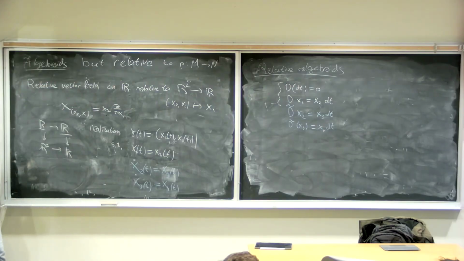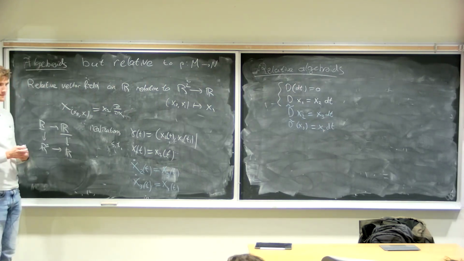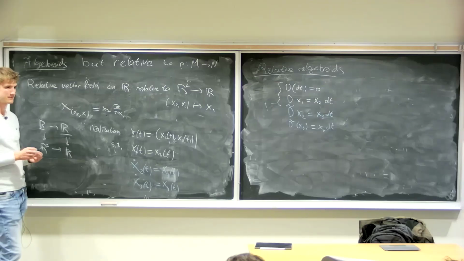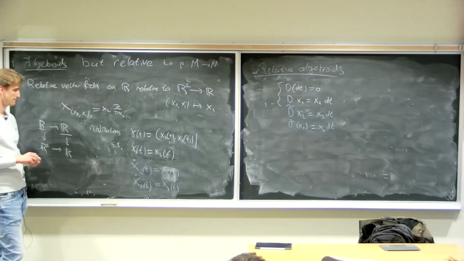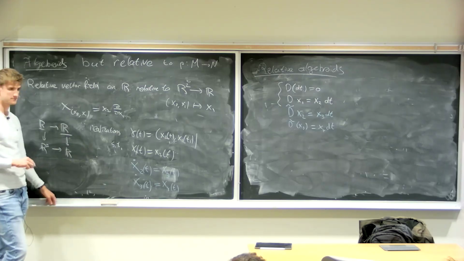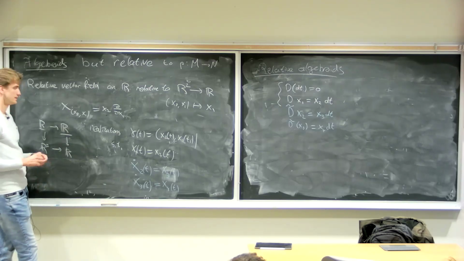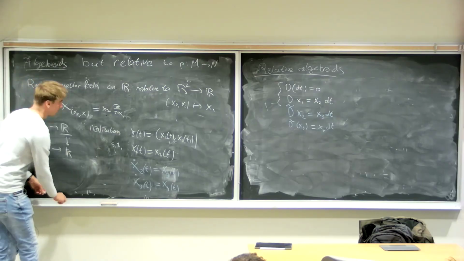So when you're adding these variables, in terms of your original R and R2, what are you modifying when you introduce these new variables? How is your space or your diagram of spaces changing when you prolong in this way?